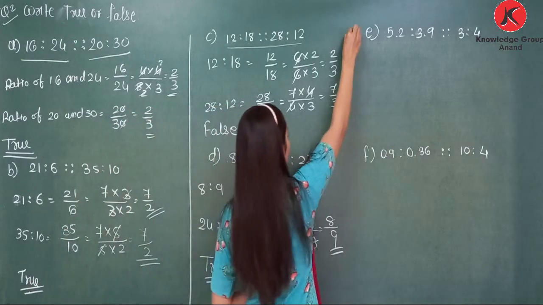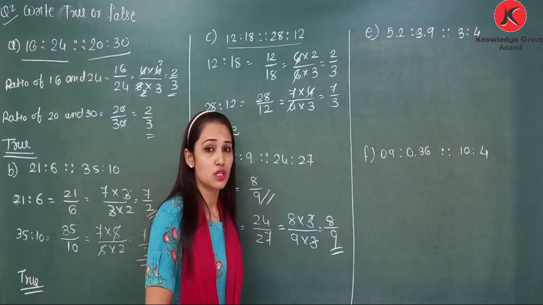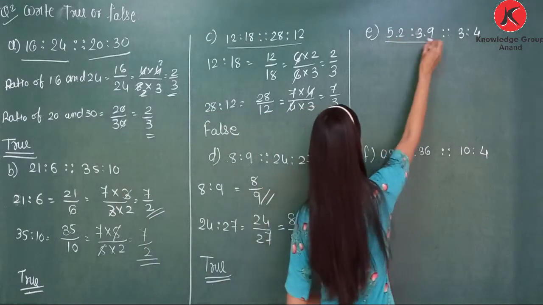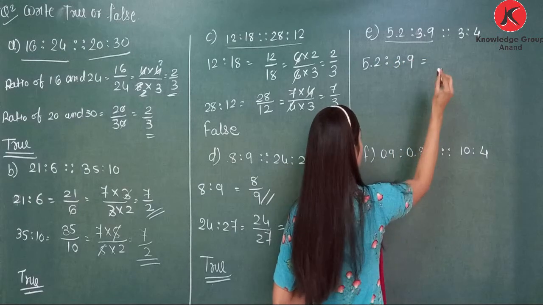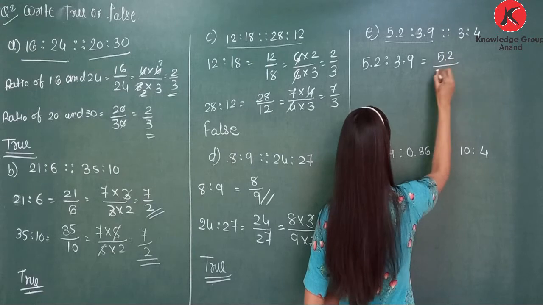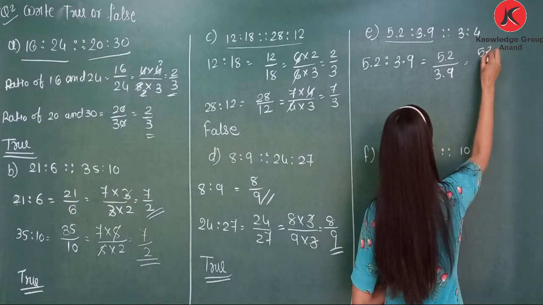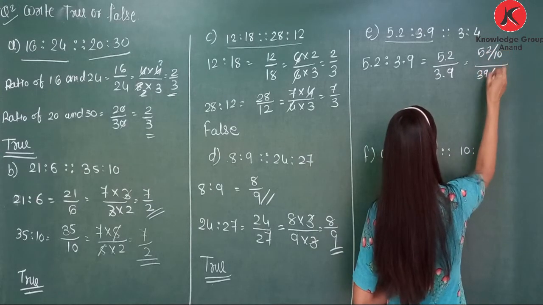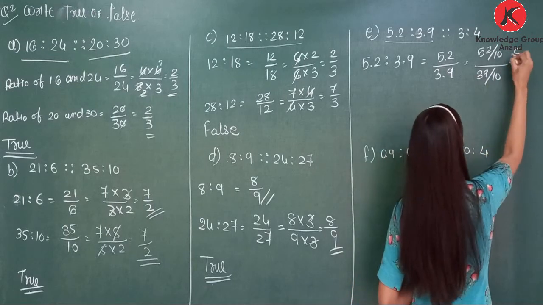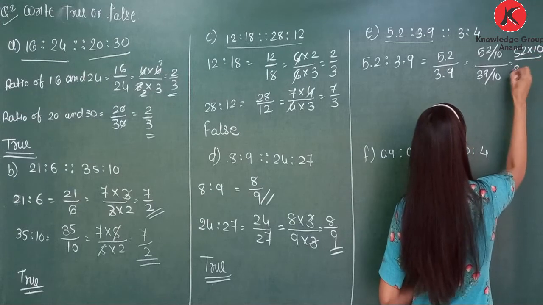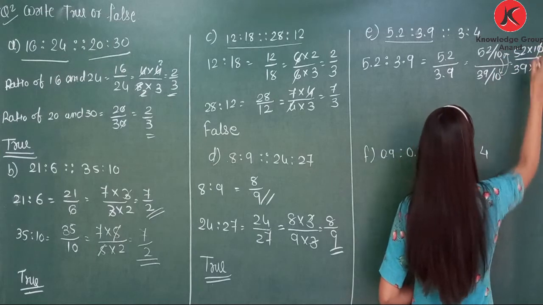Next one, 5.2 is to 3.9 is in proportion to 3 is to 4. So let's find the first ratio, 5.2 is to 3.9. So 5.2 will be in the numerator, 3.9 will be in the denominator. So here we can write it as 52 by 10 over 39 by 10. Now this 10 becomes the denominator and this 10 becomes the numerator. So 52 multiplied by 10, 39 multiplied by 10. So 10 can cancel.